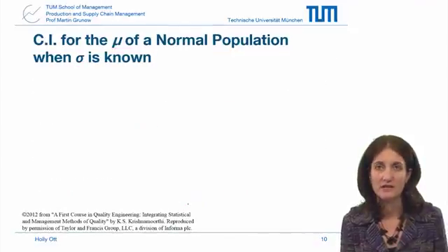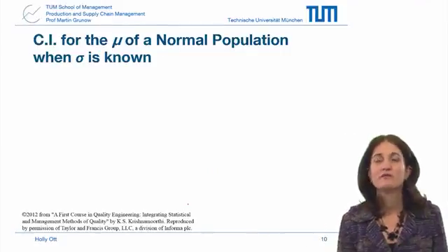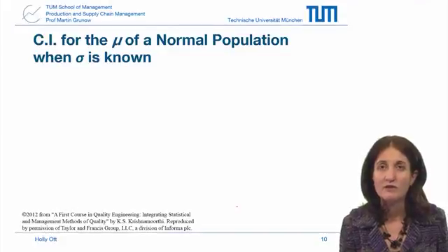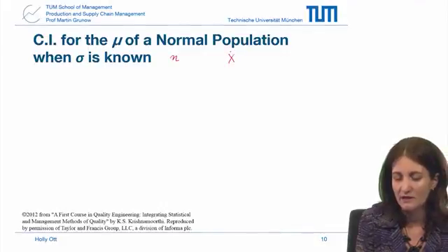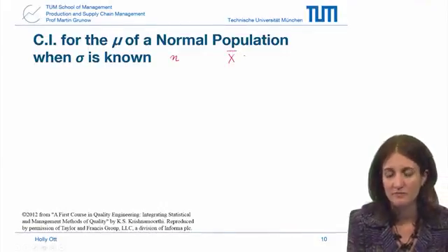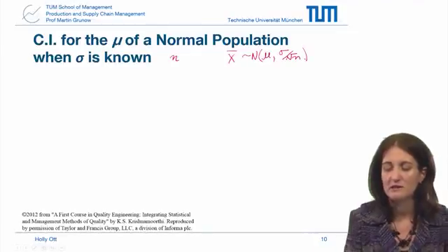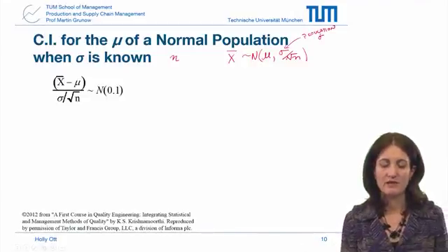And I show this on the next page. So again, we are looking for the confidence interval for the mean of a normal population with known sigma using the sample average as an estimator. First, we take a sample of size n and we calculate an x bar value, and we know that this is normally distributed with mean mu and standard deviation sigma over the square root of n, where sigma is the population standard deviation.